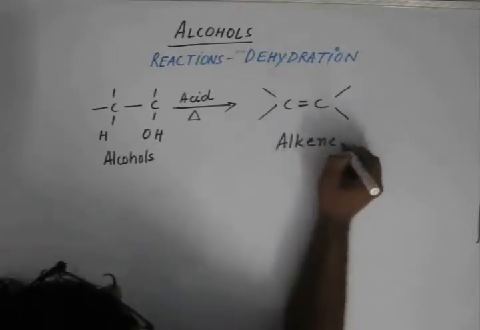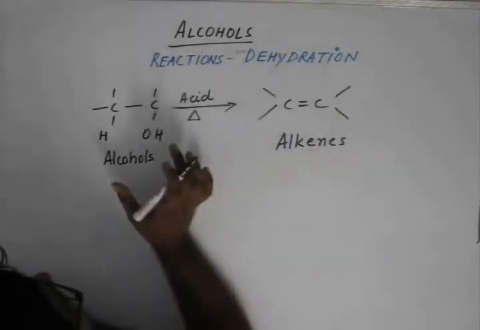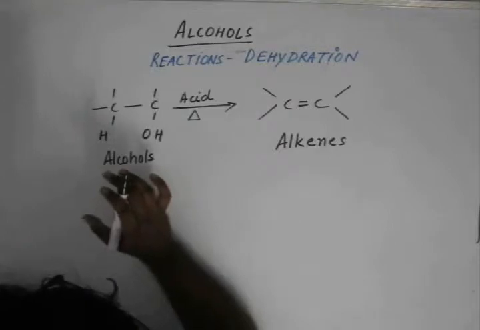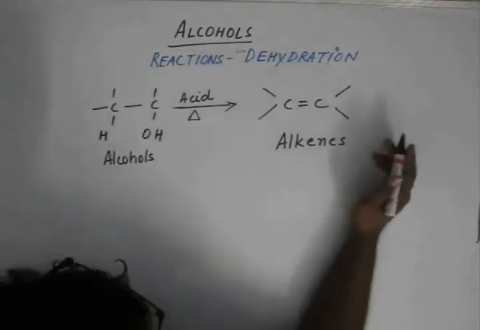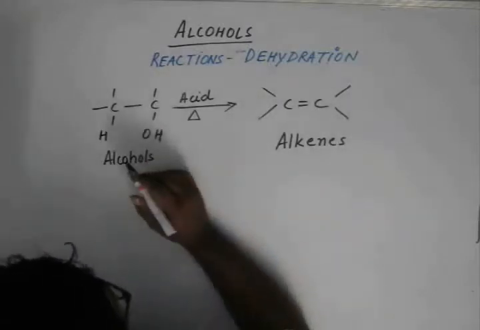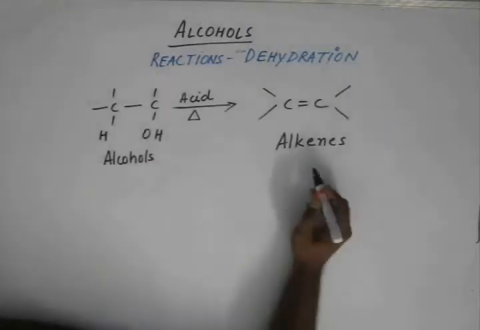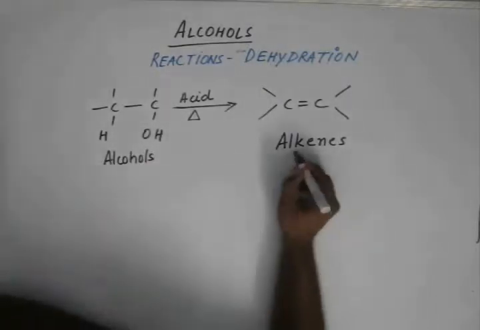The alkenes are the dehydrated products of alcohols. In the process of dehydration, we get two alkenes for each alcohol in most of the cases.